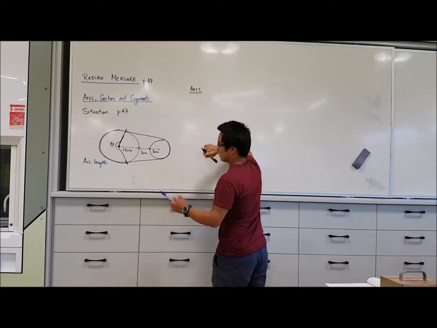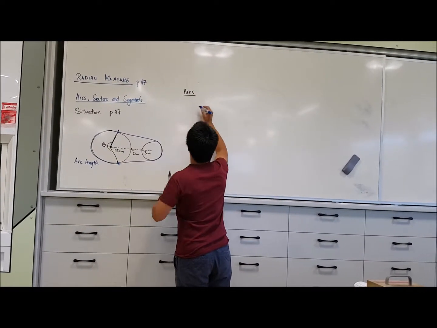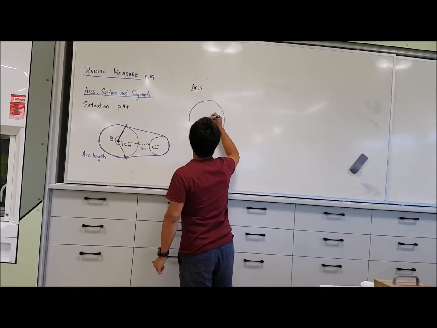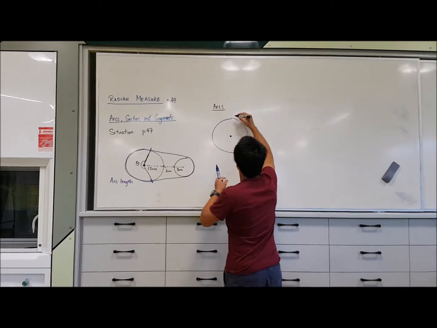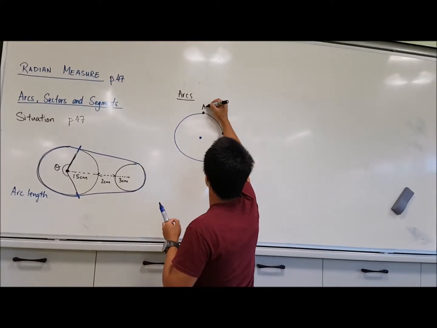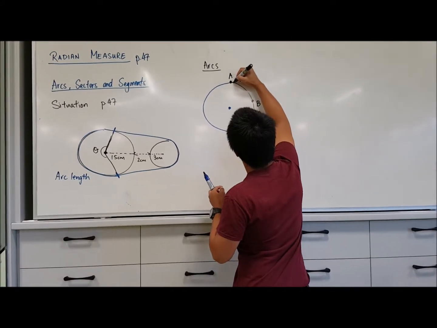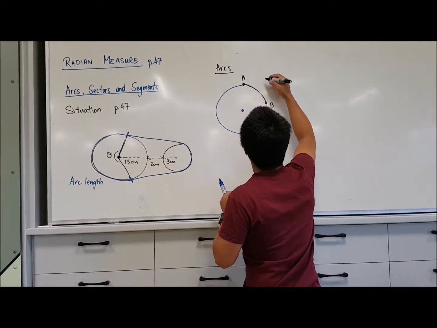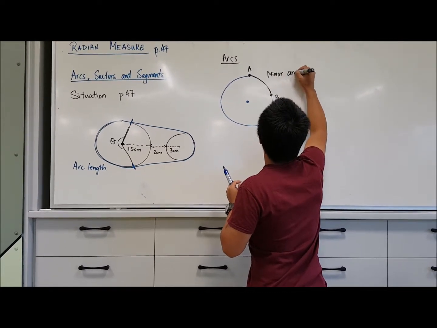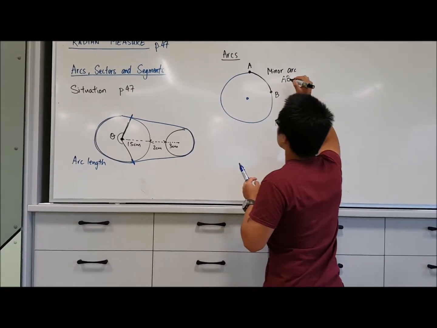So an arc is basically just a part of a circle. So if I want to define these 2 points along the circle and just measure the distance from A to B, that's called a minor arc. Minor arc AB. So it's going from A to B.